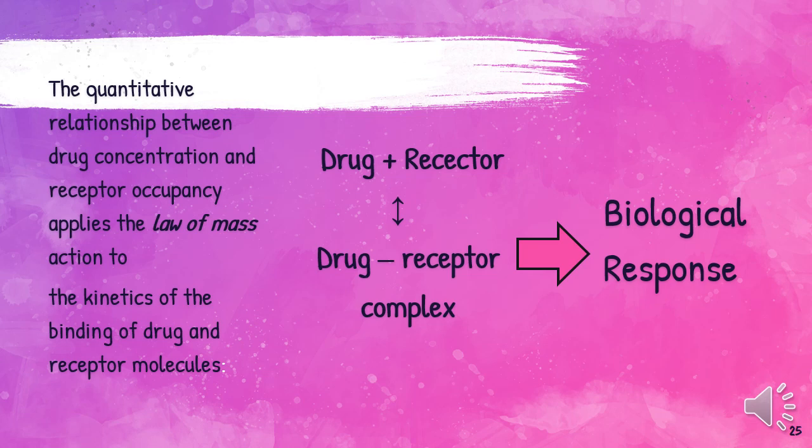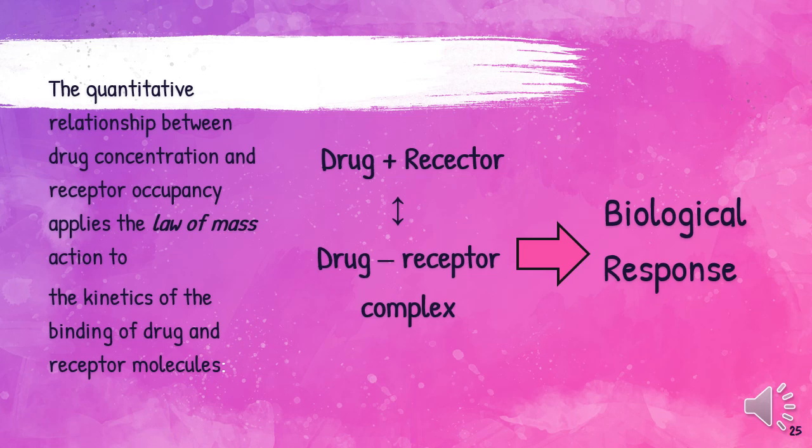In the last slide, we have seen the effect relationship. Now we are taking effect as receptor occupancy, and we are applying this law of mass action on it. Let's read the slide. The quantitative relationship between drug concentration and receptor occupancy applies the law of mass action to the kinetics of the binding of drug and receptor molecules.